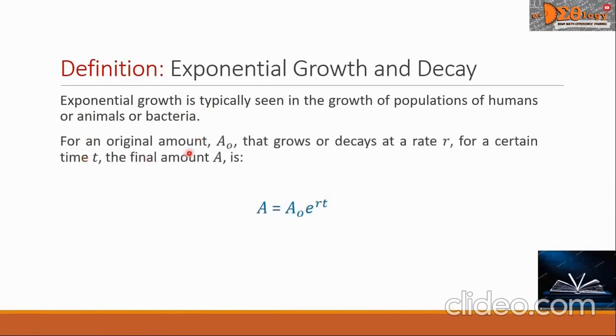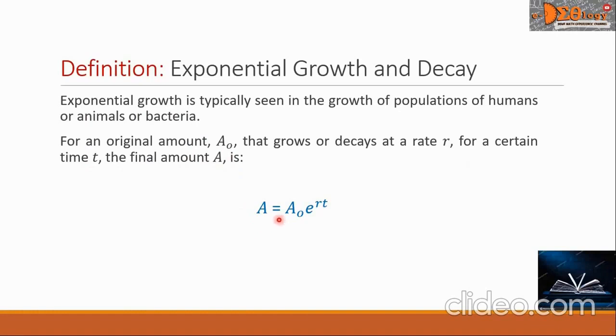For an original amount denoted by A sub O that grows or decays at a rate R for a certain time denoted by T, the final amount, capital A, is computed by this formula.